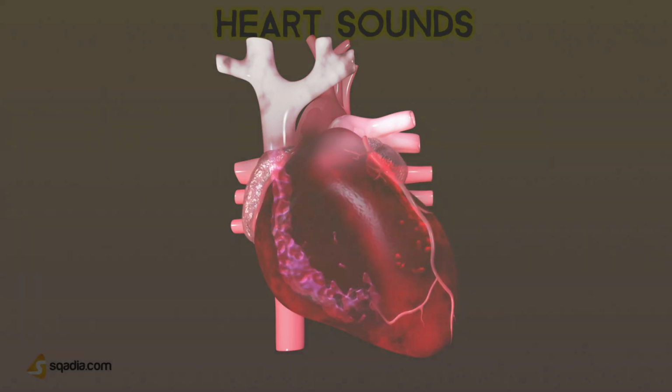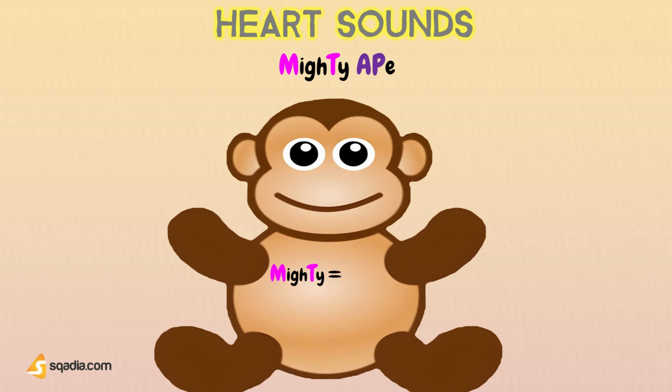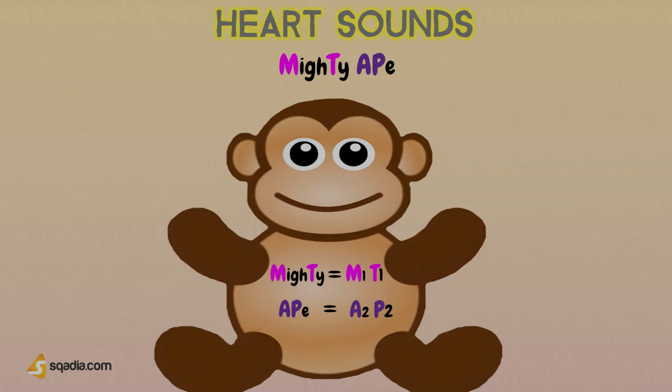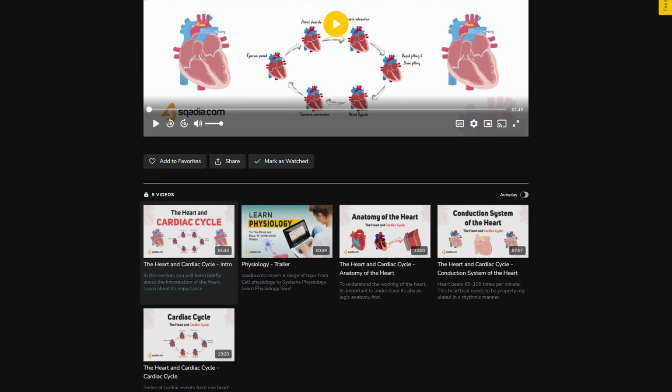You will find this sequence easy to learn with "Mighty App." M and T in mighty indicate M1 and T1, while A and P in app indicate A2 and P2. For better understanding, watch our video on the heart and cardiac cycle.